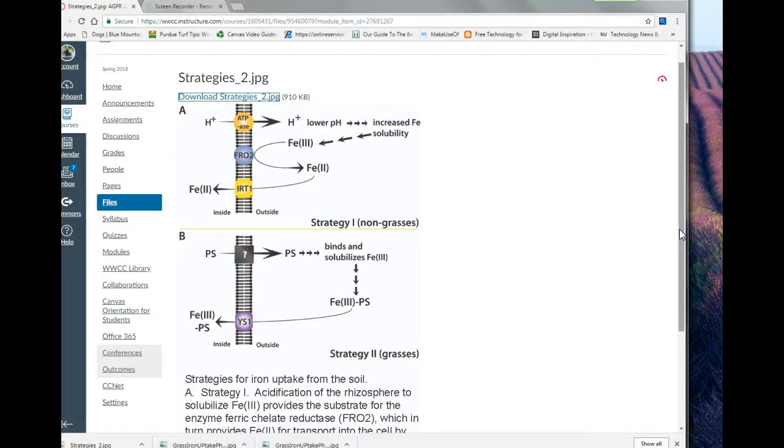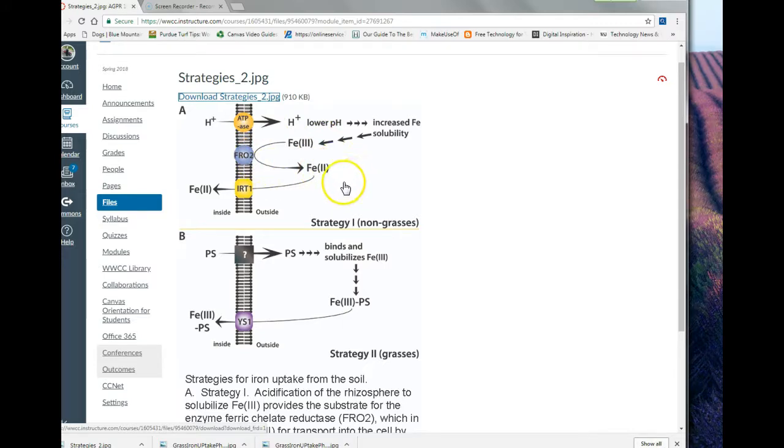Okay, so if we look at this, this is on the last page of that handout. If we look at strategy number 1, up here, we've got lowering pH to increase iron solubility, and then iron 3 is able to be taken up by the plant.